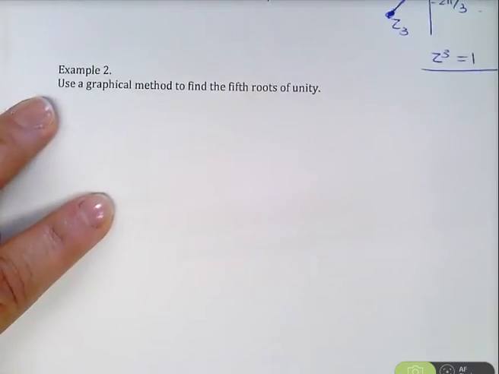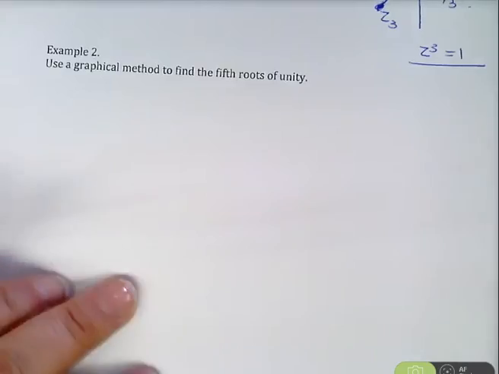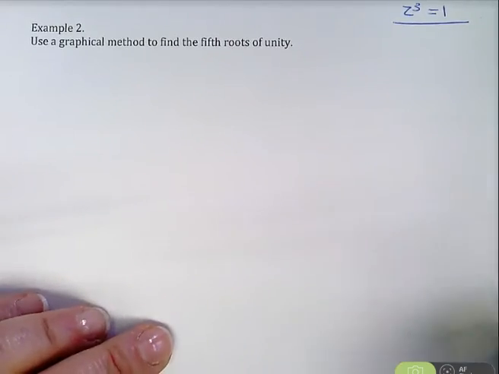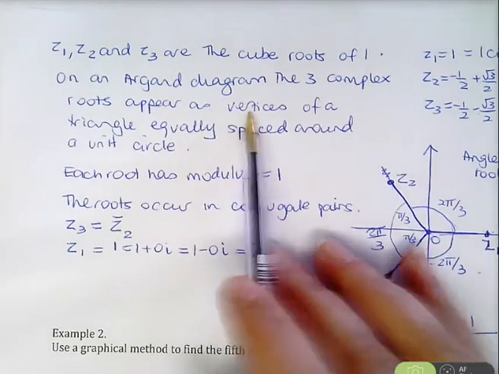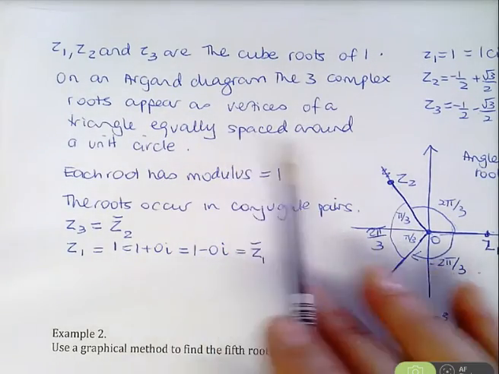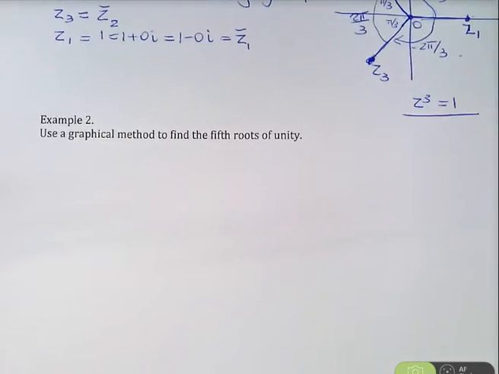So a similar method, without doing all that working out from before. If the cube roots of unity form the vertices of a triangle that are equally spaced around a circle, then the fifth roots of unity will form the vertices of a regular pentagon, which will be inscribed inside a unit circle. I'll just pause the video and write that down.